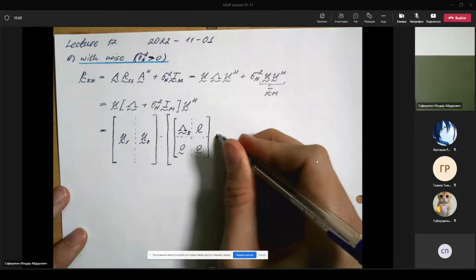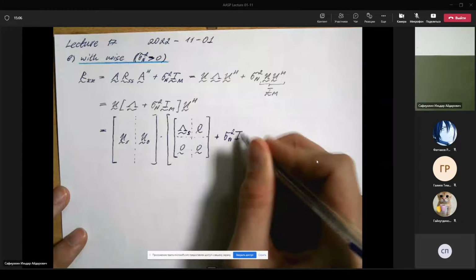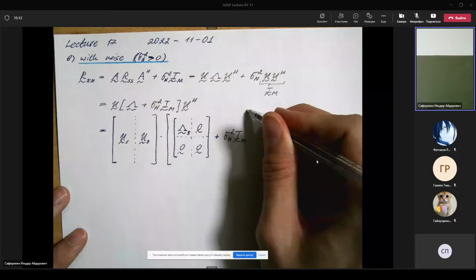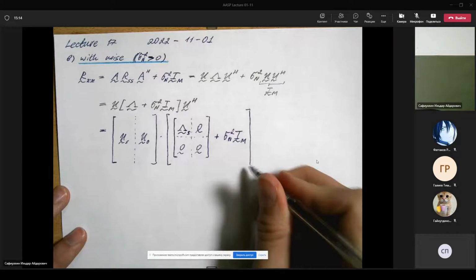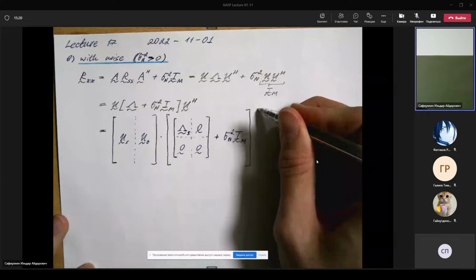Plus the additive white noise, sigma n squared times identity matrix of size M. And the last part, U Hermitian.